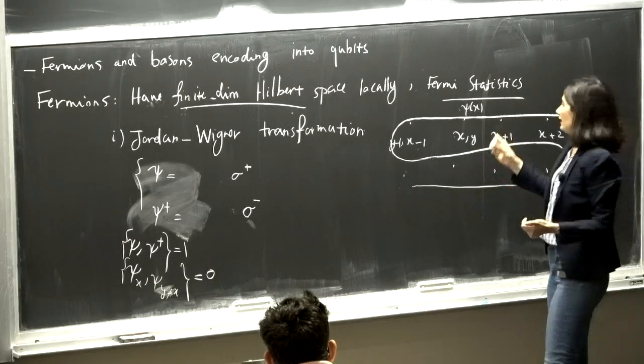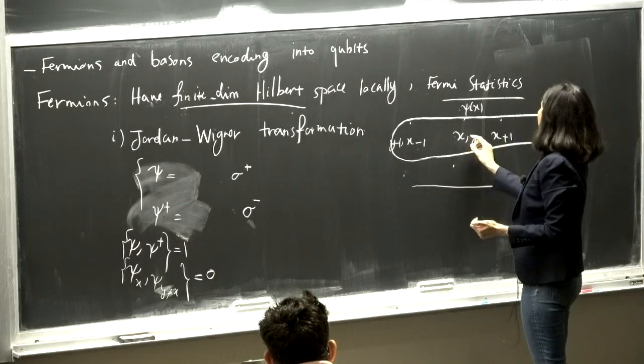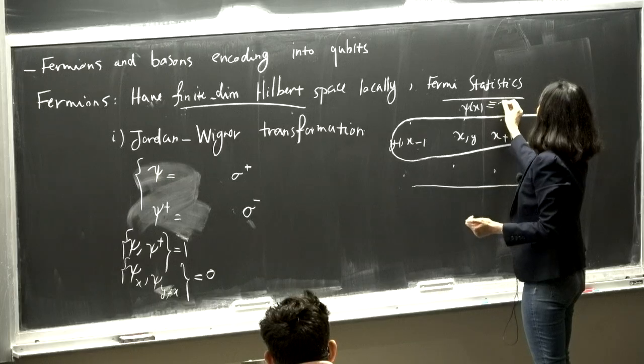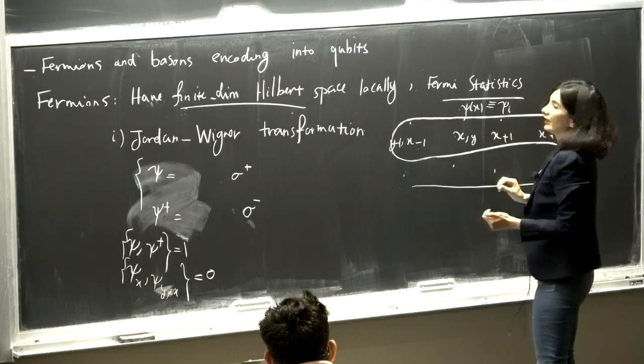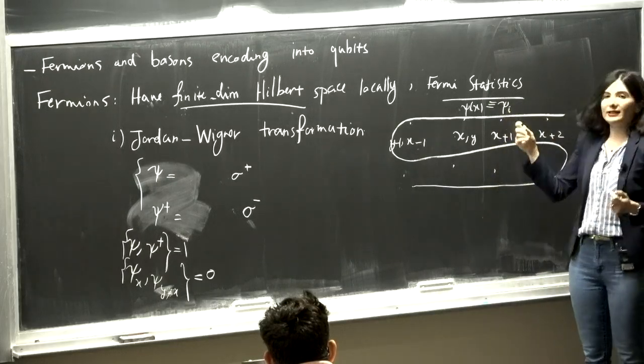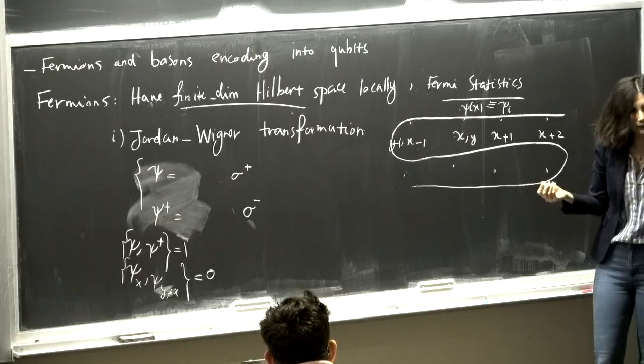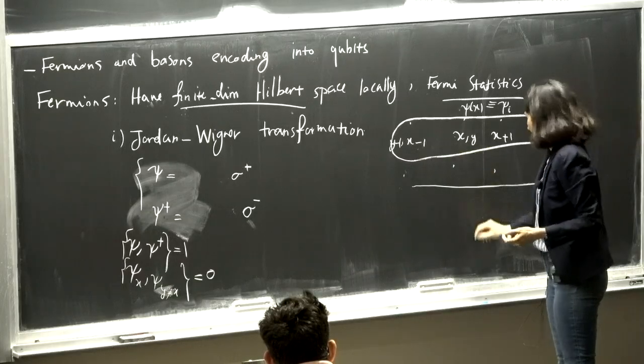Okay? So then in that notation, let's say I get to site psi of I. So the I is now the index of that qubit, all right, which is, say, sitting here.